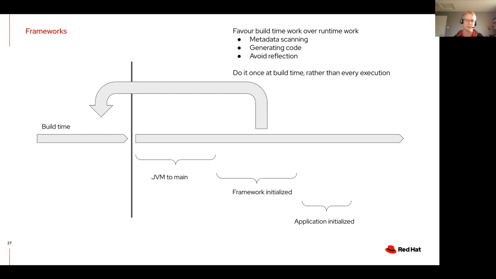Yes, it makes things slightly less dynamic, but that's actually a good thing for getting fast startup. It moves the code into places where it's easy for the JVM to optimize it and to make use of things like CDS archives or shared classes to give you that faster startup. And it makes them cooperate well with GraalVM.